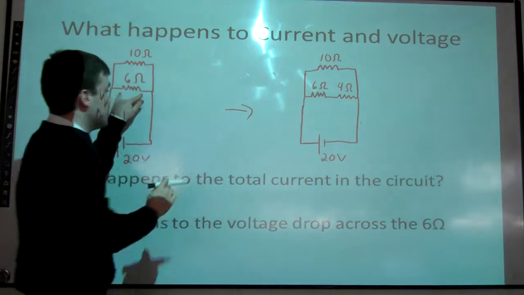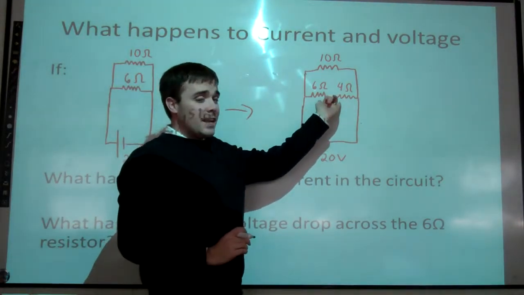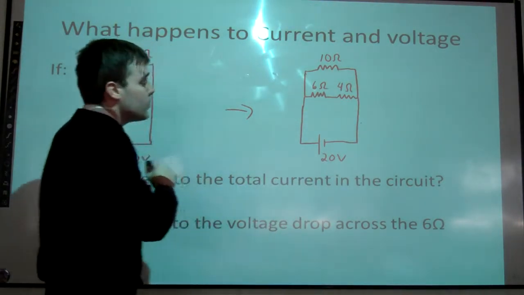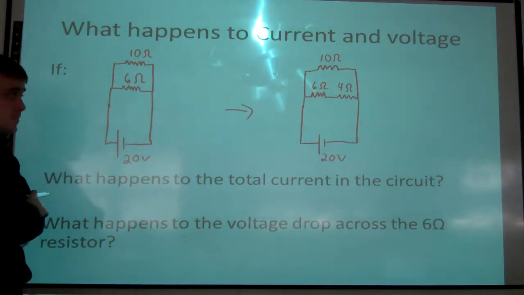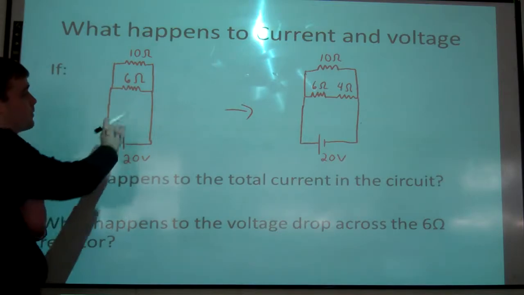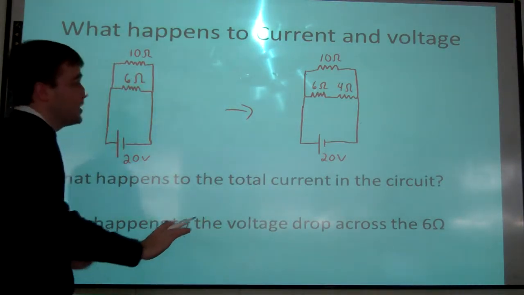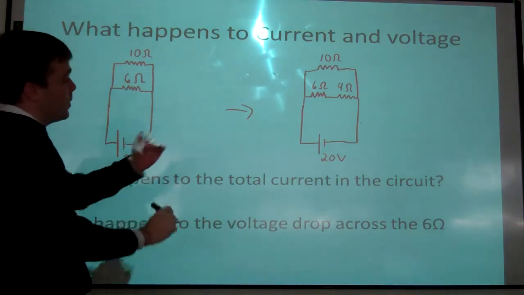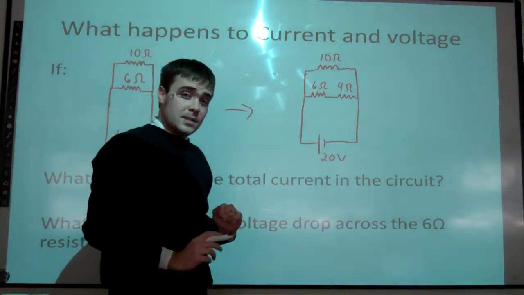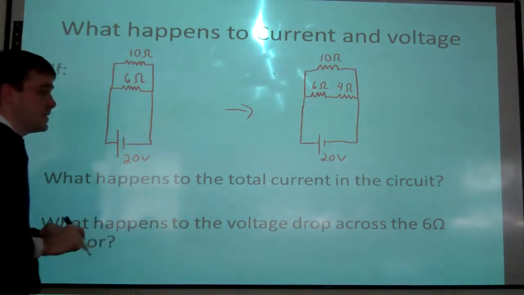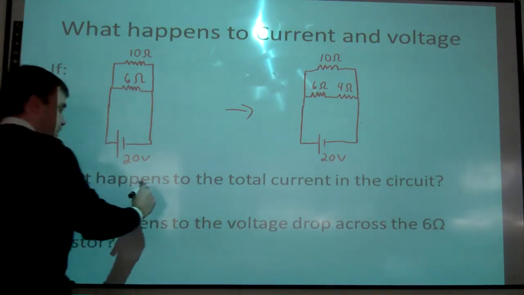This was 6, now across here is 10. So that is going to increase the total resistance in the circuit. We did not add any more paths, so it still has 2 paths, but now one path is 10 instead of 6. The total resistance increased, so that means the current is going to decrease.